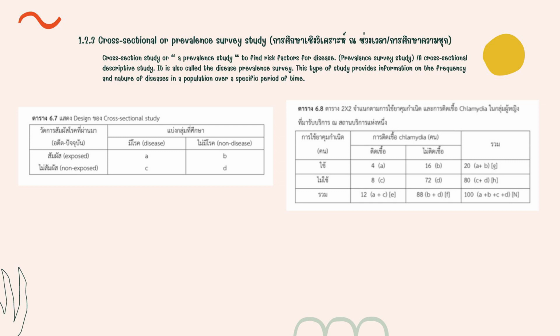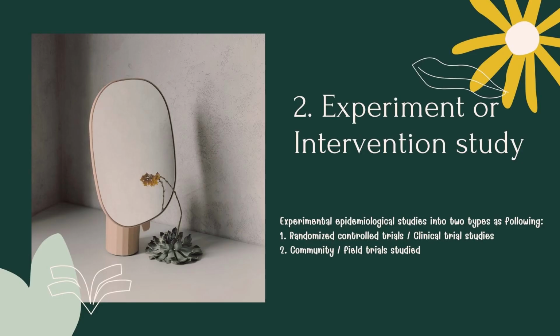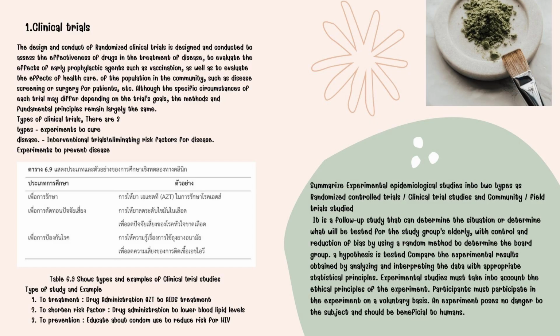table 6.8. Let's see topic 2, experimental or intervention study. Experimental studies are divided into two types as follows. 1. Randomized control trial or clinical trial study. 2. Community or field trial study. Let's see clinical trial.